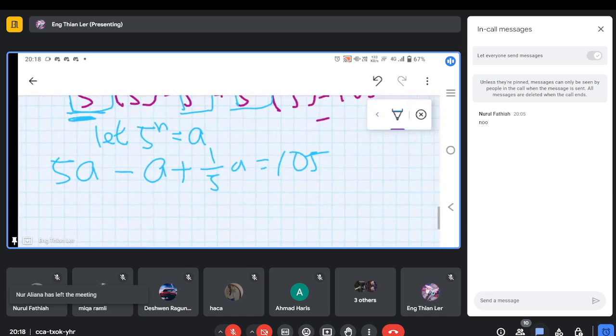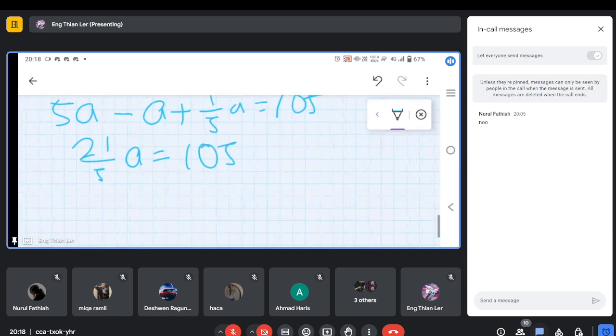So now we just add everything. 5 minus 1 plus 1 over 5. Okay, we get 21 over 5 a, forgot the a, equal to 105. And then what is a?